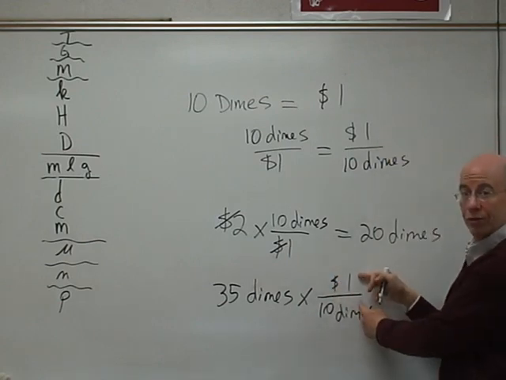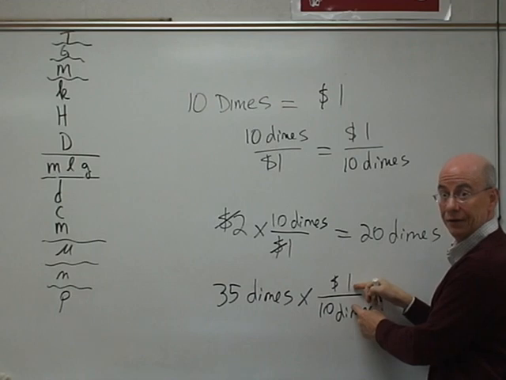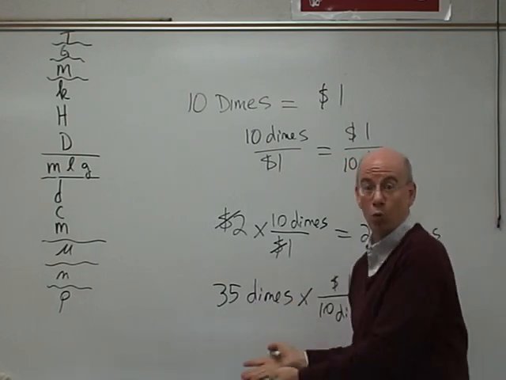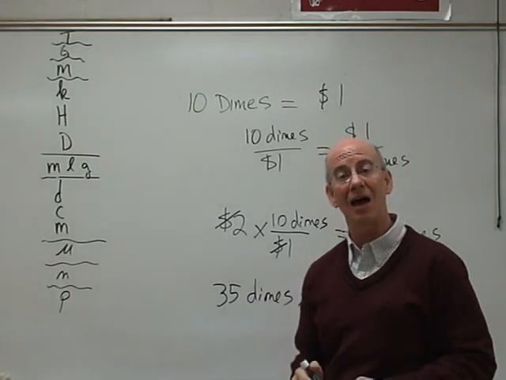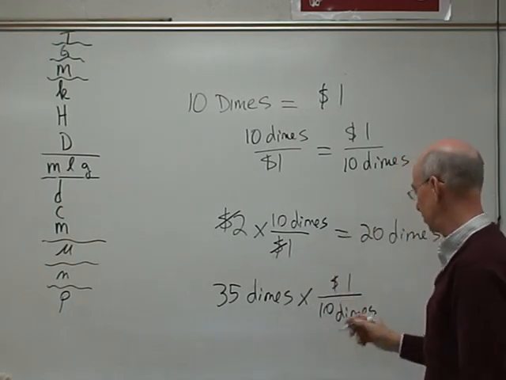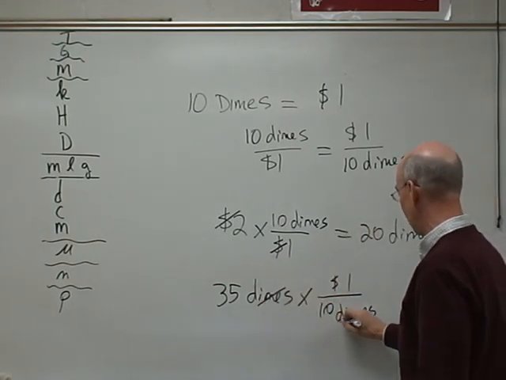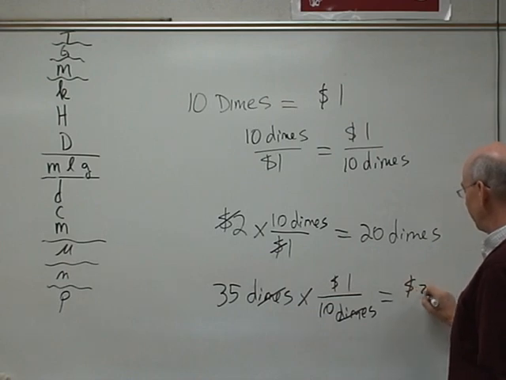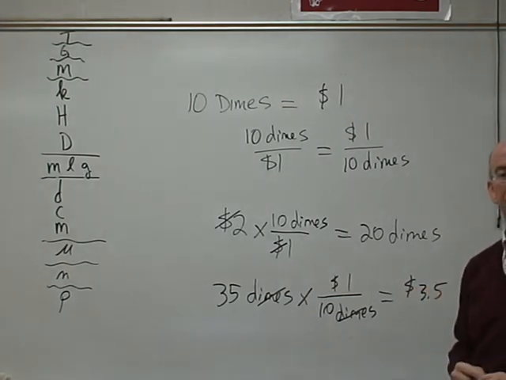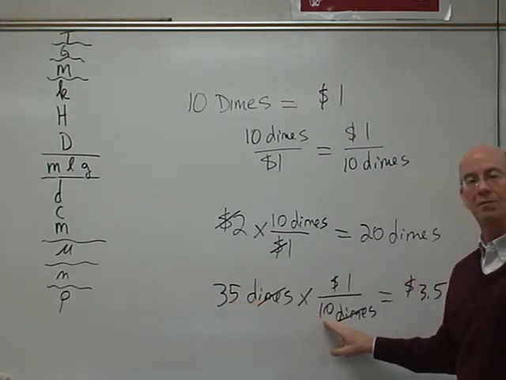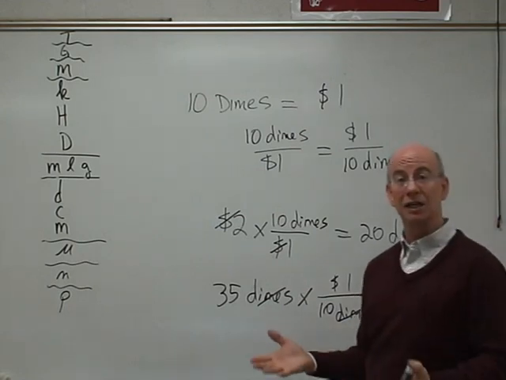See, I need both because this equals 1. So I can multiply this by 1, and I still get the same value, although I'm changing units. So now you can see that dimes cancels out, and I'm going to end up with $3.50, okay? Or 35 divided by 10. And it makes sense. That's factor labeling.